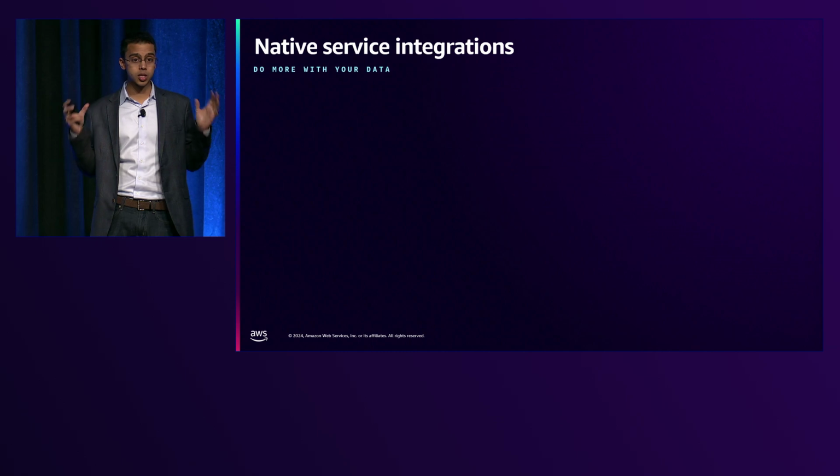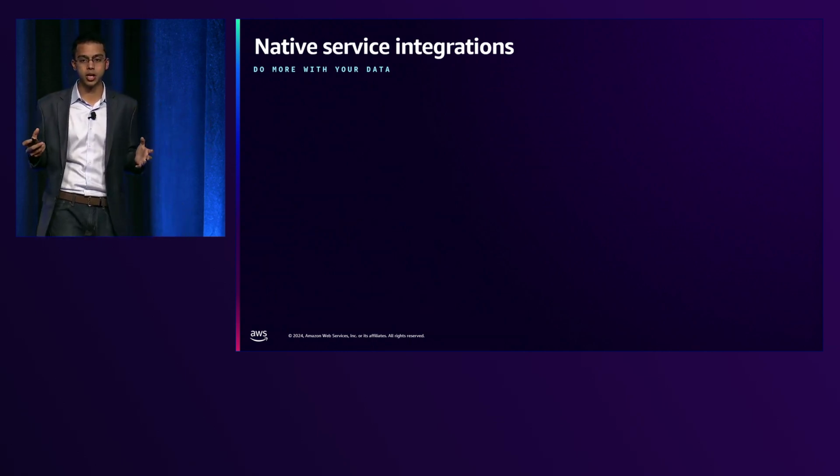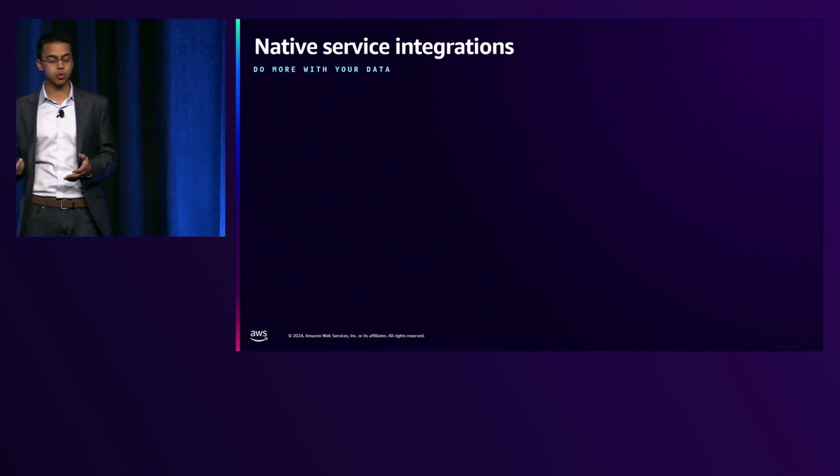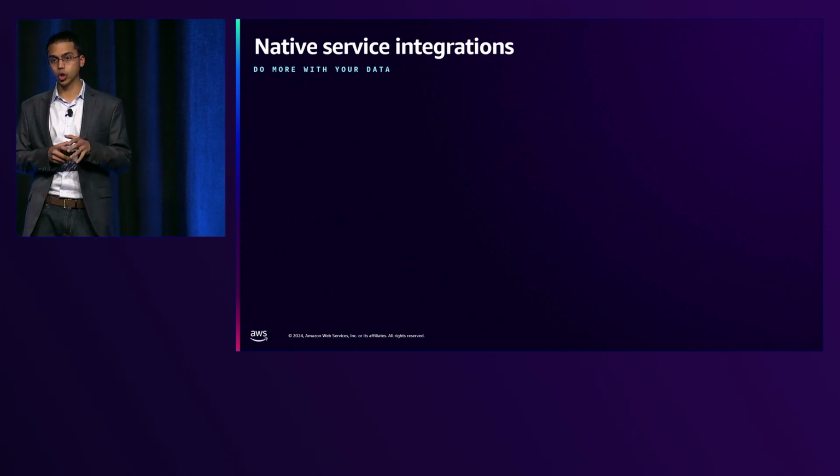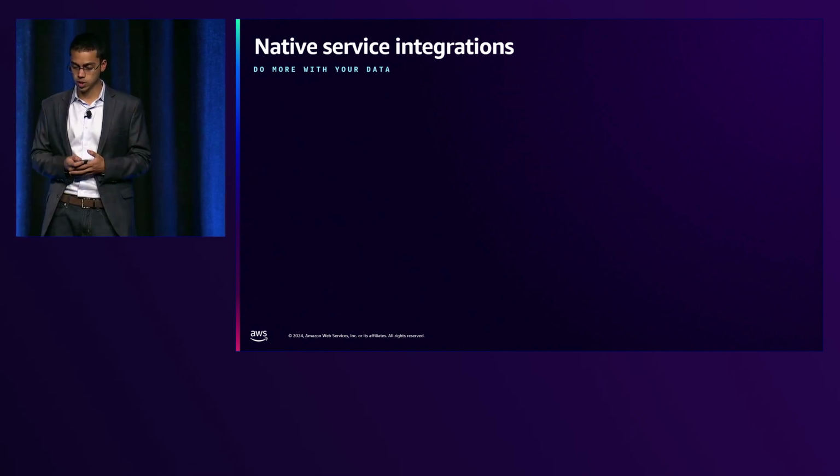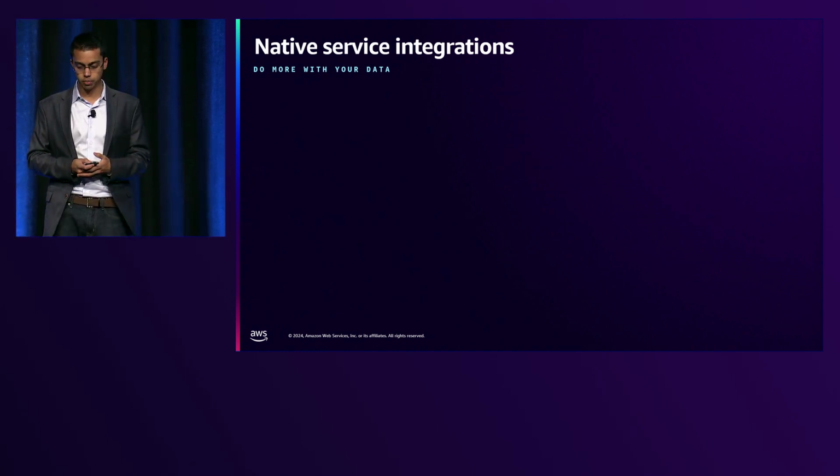So because it's an AWS service, because it's fully managed, out of the box, FSx provides native integration with a large number of other AWS services that help customers achieve this agility.